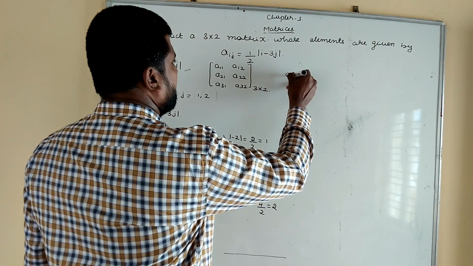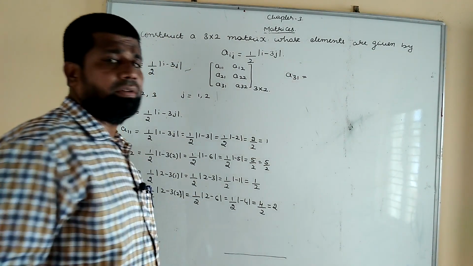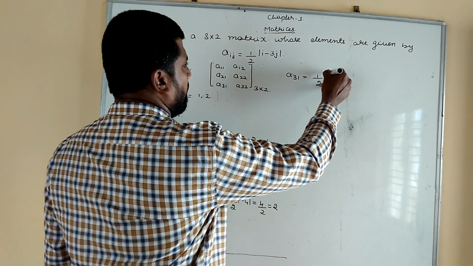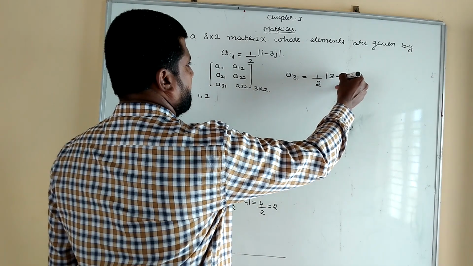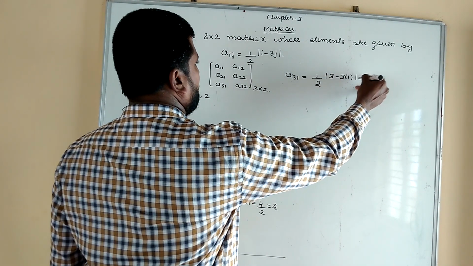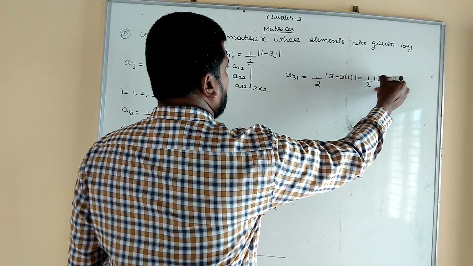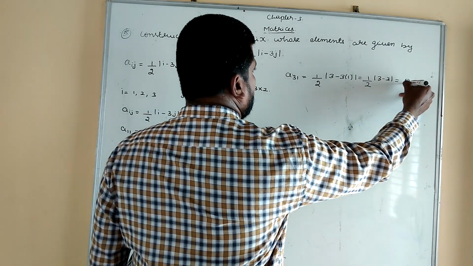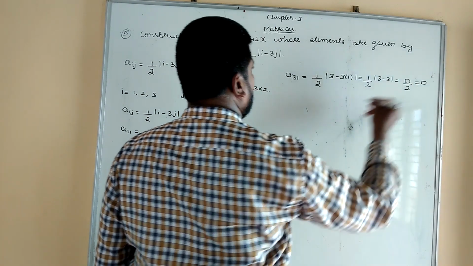a31. Let us find the a31. a31 means i value is 3, j value is 1. Let us substitute 1 by 2 modulus of i means 3, 3 minus 3 into 1, that is equal to 1 by 2 mod 3 minus 3, that is equal to 0. 0 divided by any number is 0.